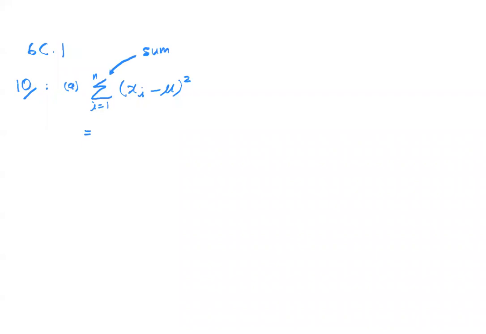So the first one minus the mean squared, plus the second one minus the mean squared, plus many more. You put 3 dots. Then plus the last one, the nth data minus the mean, squared.